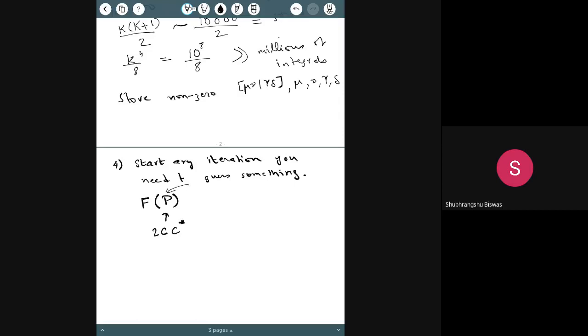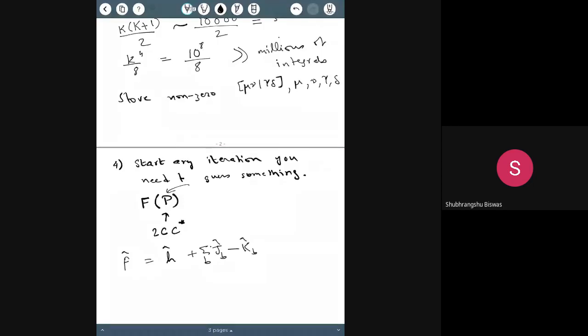Now inside the Fock matrix expression, the density matrix occurs in the two-body integrals. My Fock operator has a one-body part and a two-body part.